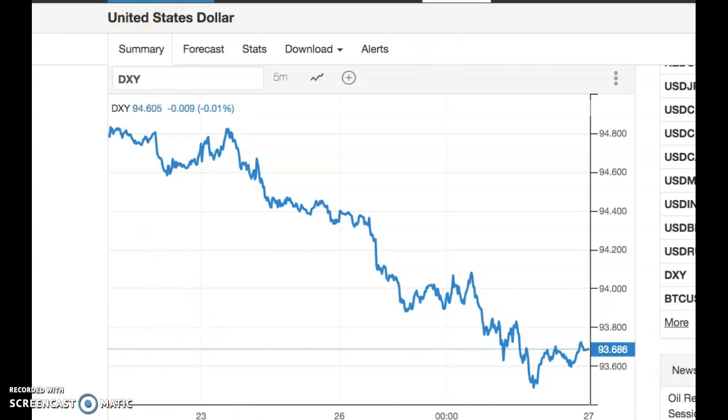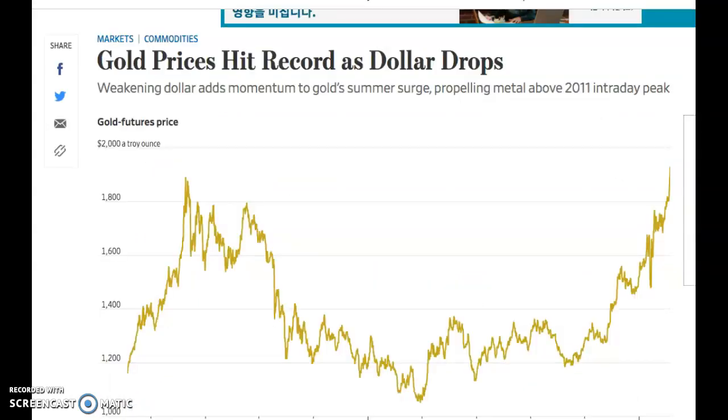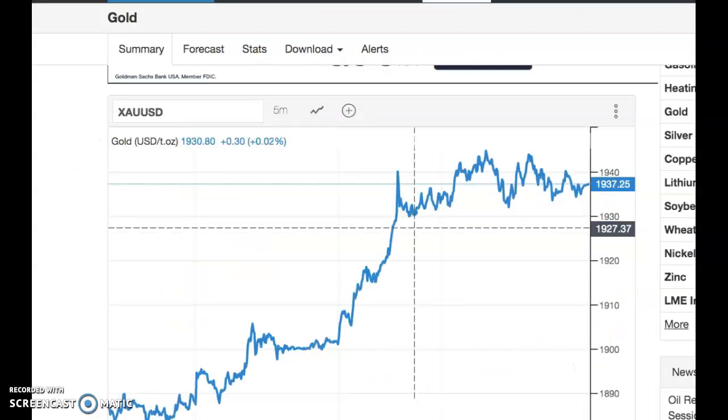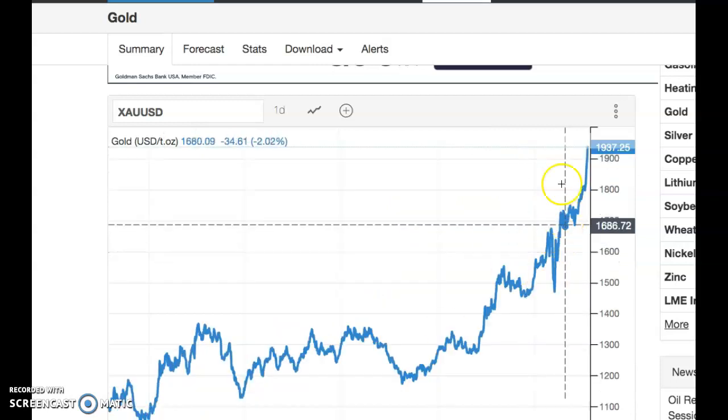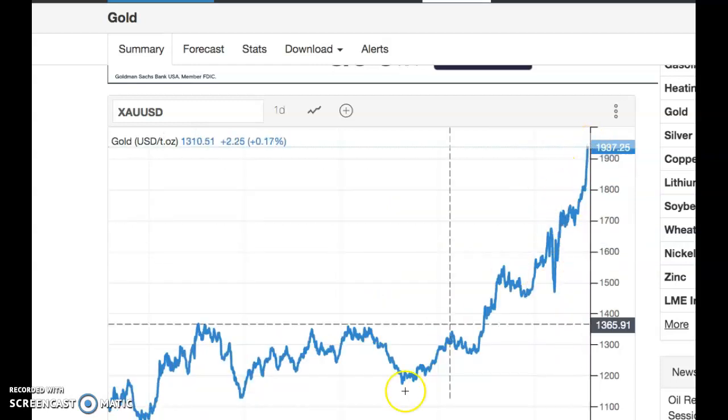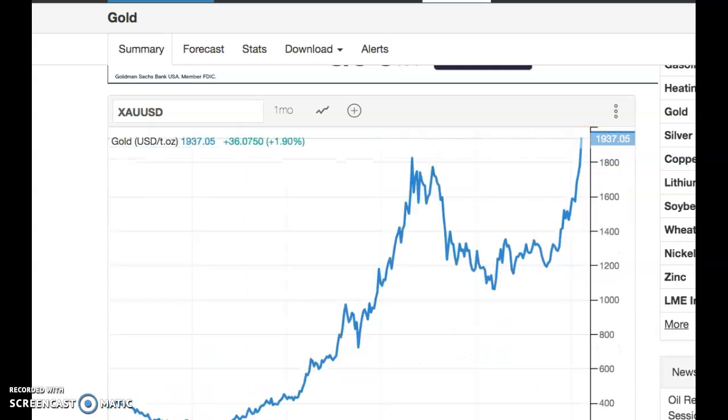Well, if we look at the price of gold, it hit a record today. This is from the Wall Street Journal article this morning. And so let's go to the Trading Economics site to get more detail. It looks like the highest value today was about 1944, somewhere around there. But if we go back, let's go back 5 years. Well, this is the highest value. Let's go back 25 years.